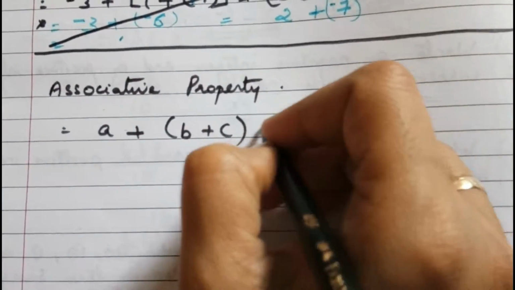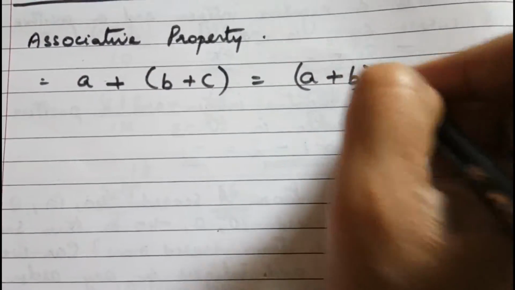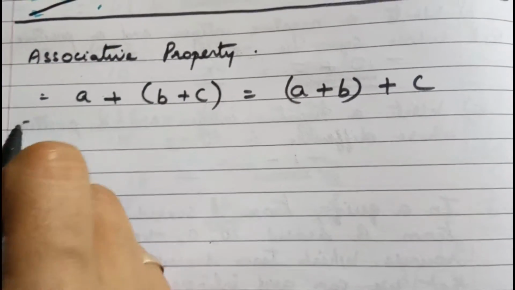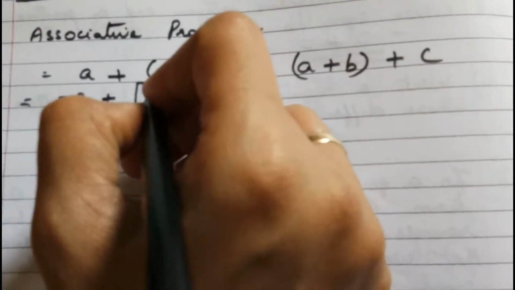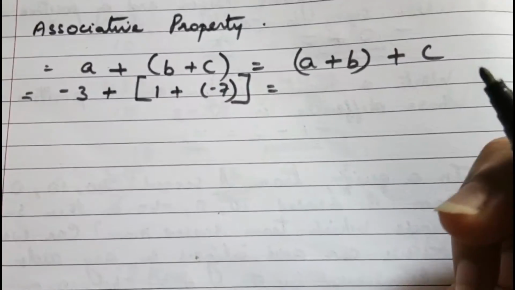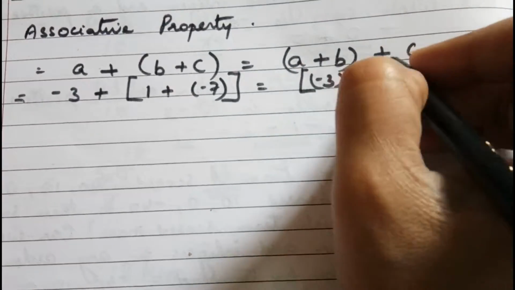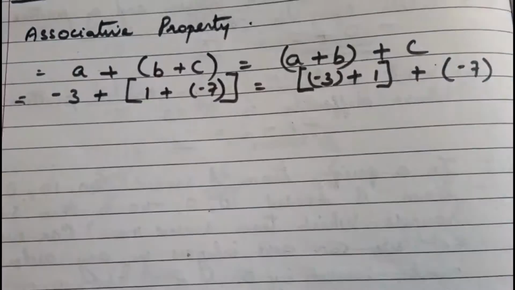It says that A plus in bracket B plus C will be the same as in bracket A plus B plus C. Now if we see that with the example, minus 3 plus in bracket 1 plus minus 7 should be equal to in bracket minus 3 plus 1, plus minus 7.